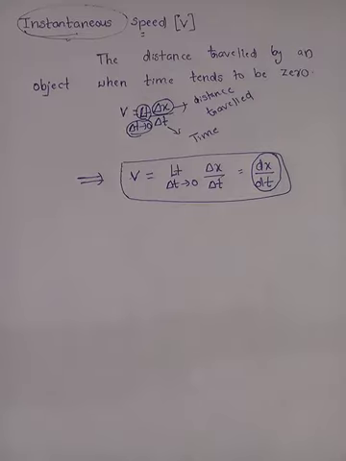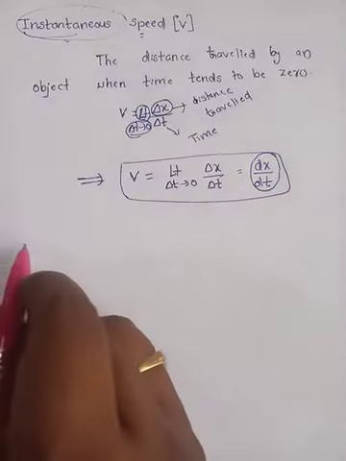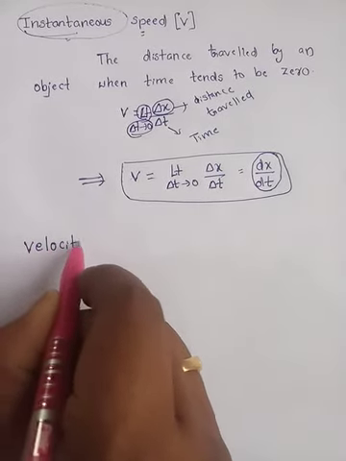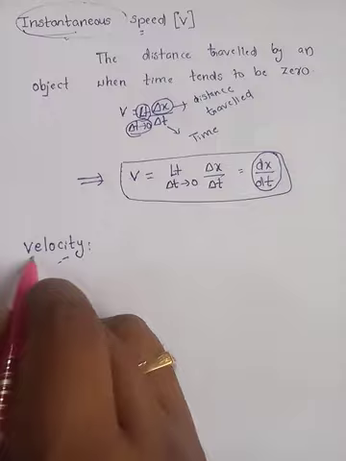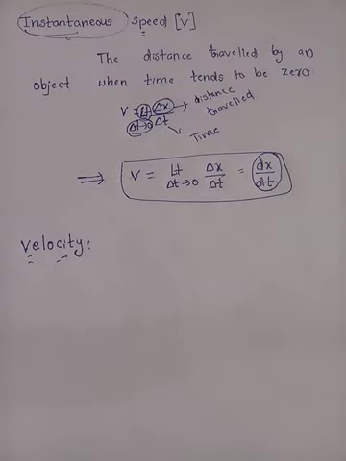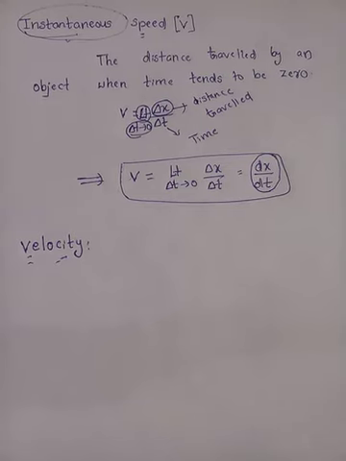Next one is velocity. We learnt distance and displacement, and now speed and velocity. Speed is nothing but the ratio of distance to time taken.